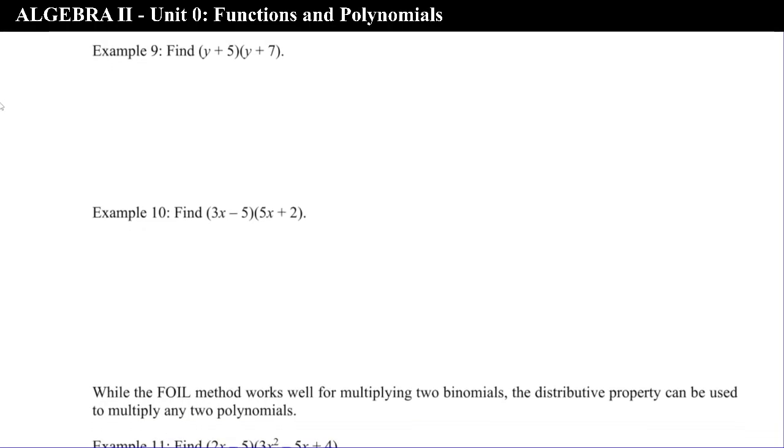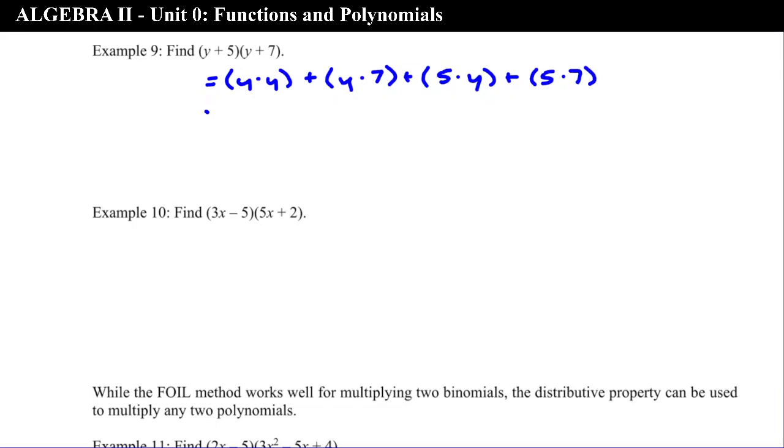Let's find y plus 5 times y plus 7. Okay, so when we do this, we're going to do our first terms, y times y, plus our outside terms, y times 7, plus our inside terms, y times 5, plus our last terms, 5 times 7.